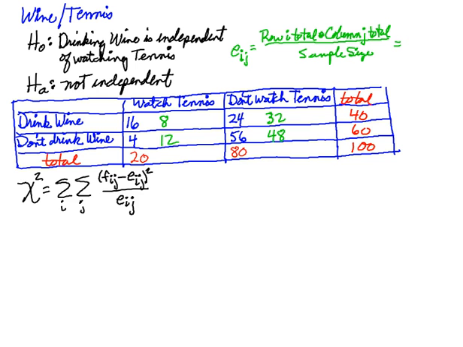Here is our chi-squared formula, and notice again it takes the difference between the observed frequencies and the corresponding expected frequencies, squares those, divided by the expected frequency, and it does it across the rows and columns. So I'm going to have 4 calculations here, and I'm going to start with the first category, drinking wine and watching tennis.